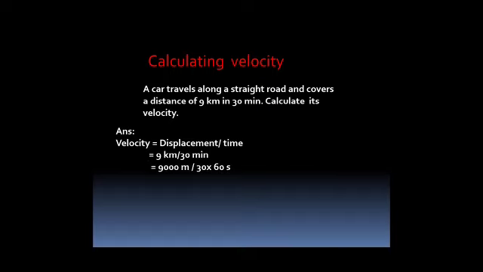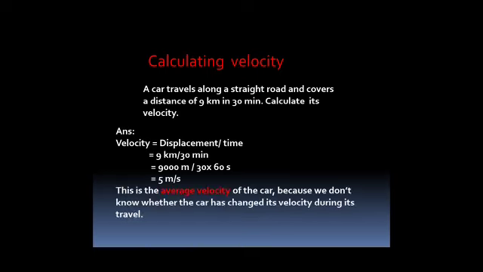Converting kilometers into meters, we get 9,000 meters upon 30 into 60 seconds. That gives you 5 meters per second. Now what we get here is the average velocity of the car, because we don't know whether the car has changed its velocity during its travel.